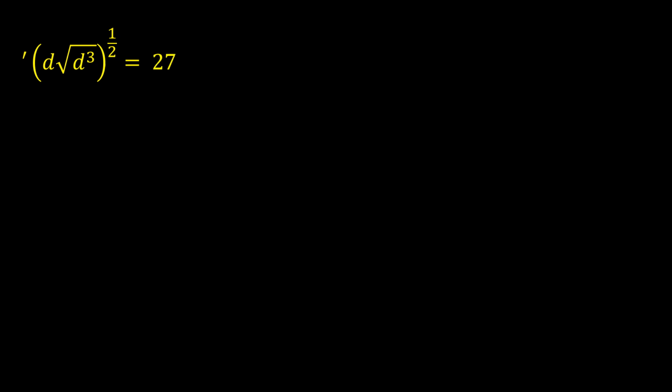First, rewrite the outer square root as an exponent of 1/2. Next, rewrite the inner square root of d cubed as d cubed to the power of 1/2.